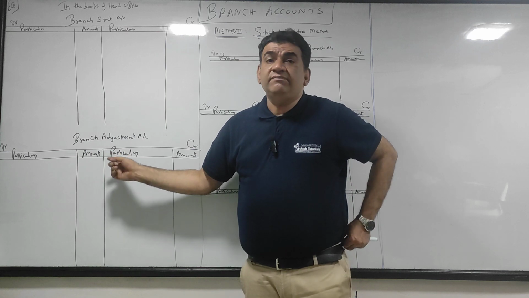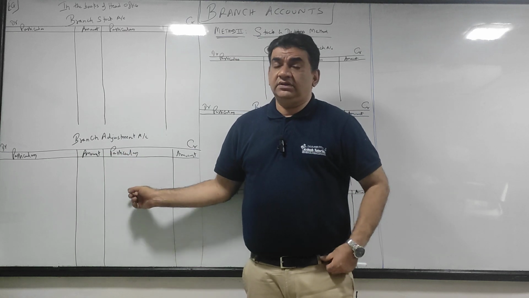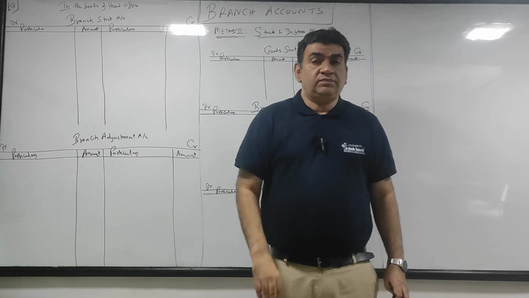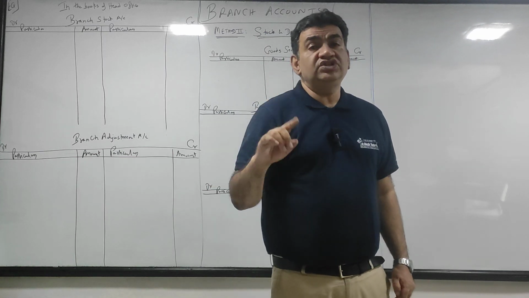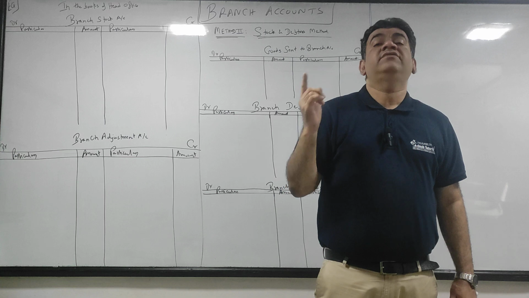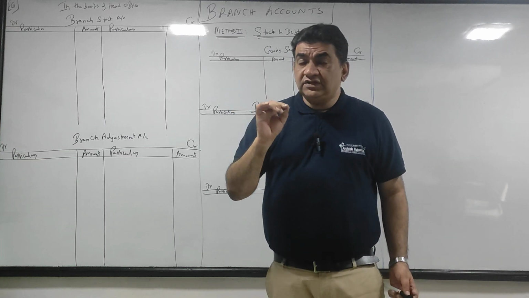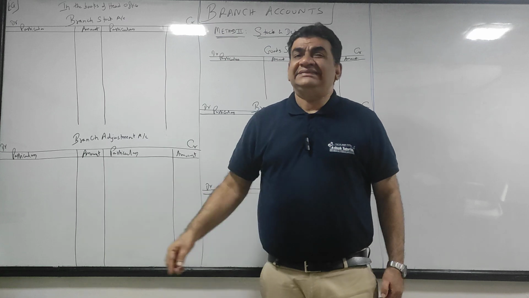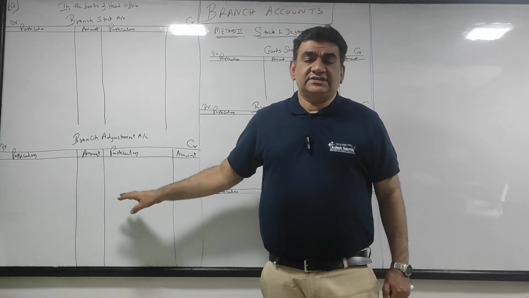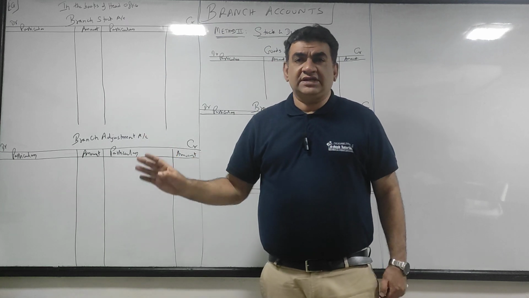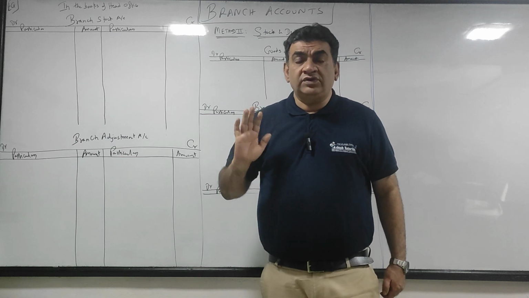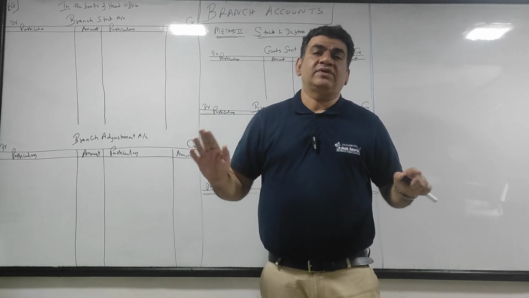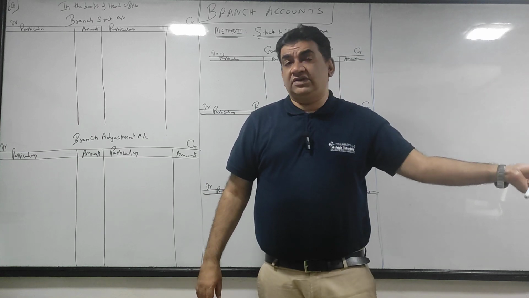Then the next, a very important one, branch adjustment account. Now guys, branch adjustment account comes into picture only when the goods are sent to branch at invoice price. If the goods are sent to branch at cost, this will not come. There are one or two sums in the syllabus which I have done in the regular class, but this being an open video on YouTube, I'm not focusing on the basic thing because you all have done that earlier also.